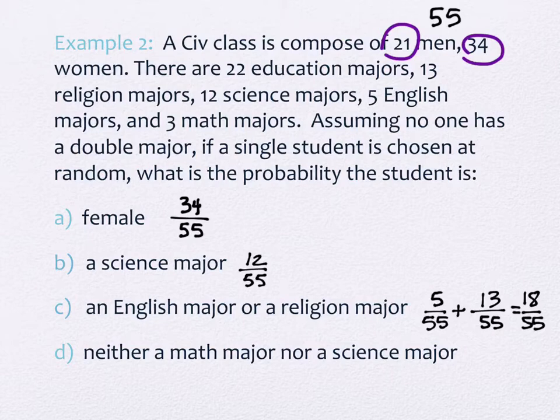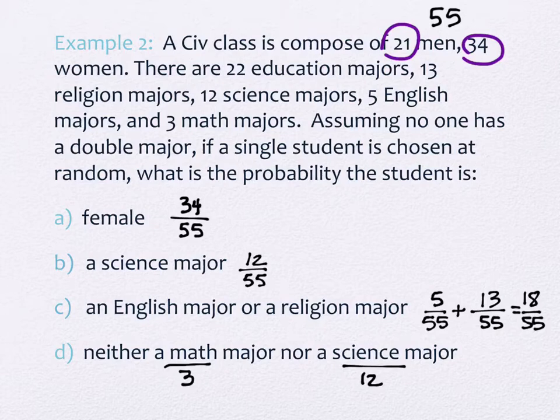Now the last one says neither a math major nor a science major. And I put this one in here because I want to show you that there's 2 different ways to work this problem. All right? So one way to work the problem is to figure out how many math and science majors there are. So how many math majors are there? 3. And how many science? 12. So that means there's a total of 3 plus 12, which would be 15. So 15 are math and science.